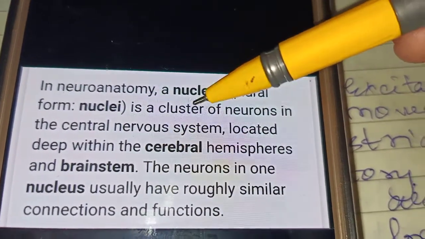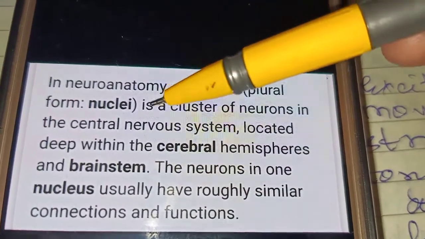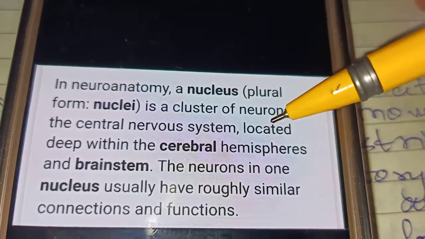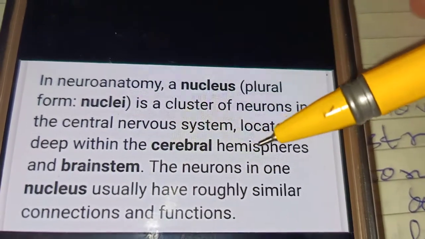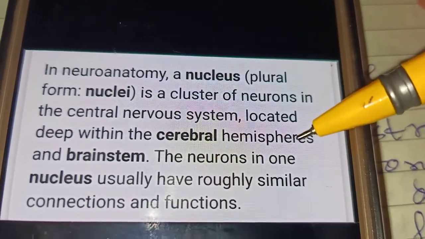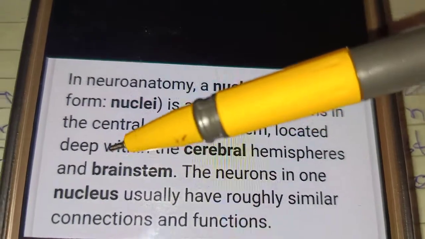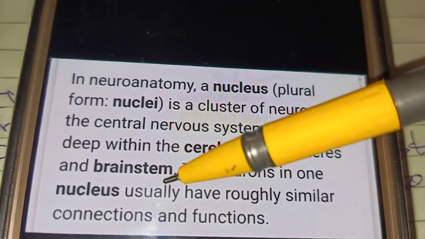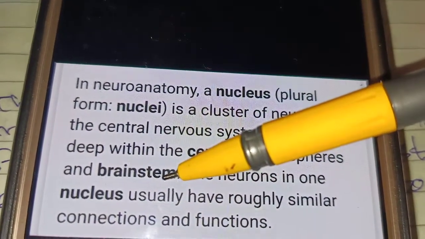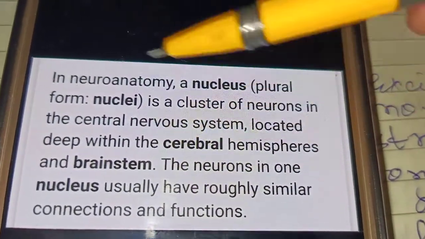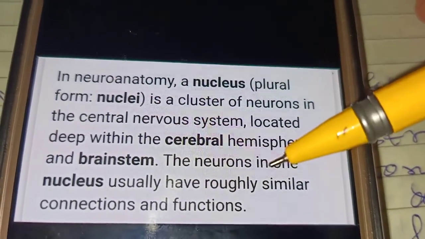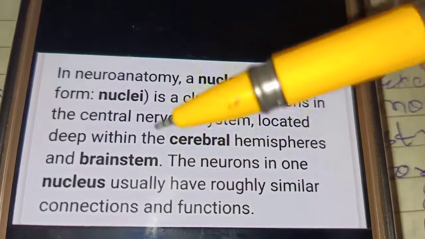Where are these nuclei located? Deep in the right and left cerebral hemispheres and the brainstem. What does the brainstem consist of? Midbrain, pons and medulla oblongata. These neurons in a nucleus have very similar connections and functions.